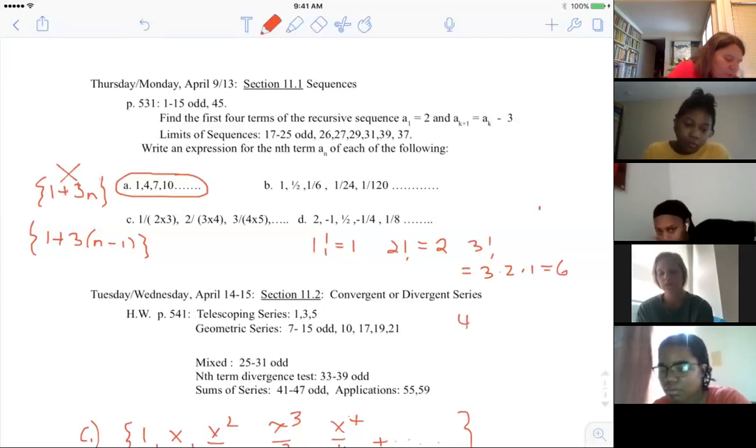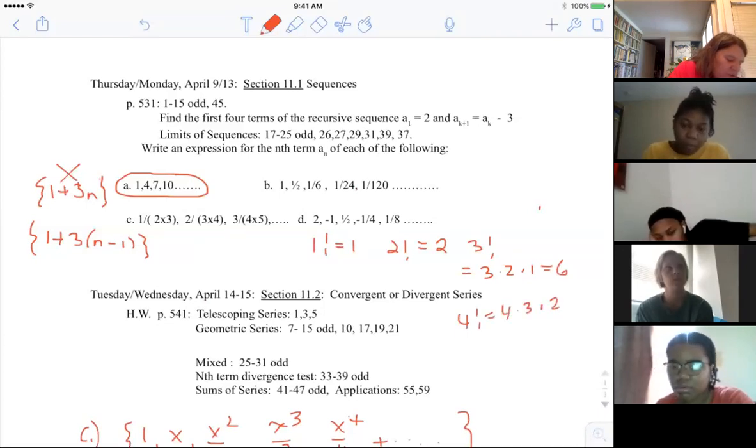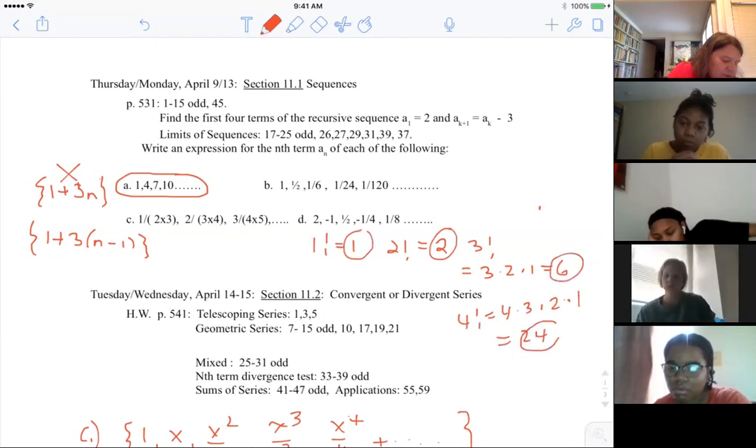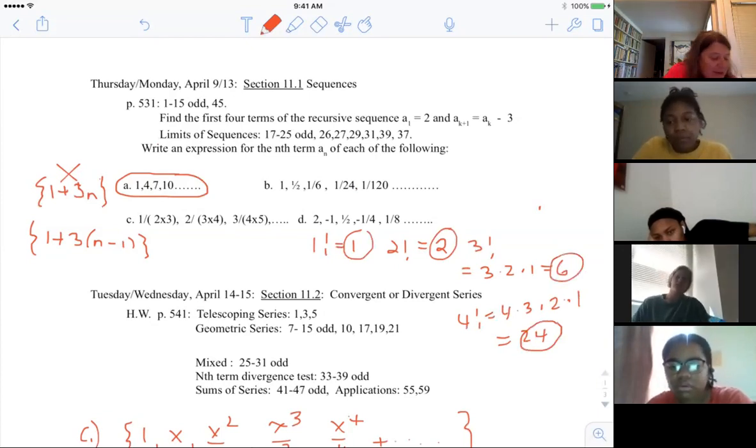4 factorial would be 4 times 3 times 2 times 1. If you multiply that out, you get 4 times 6 is 24. And now you're starting to see those numbers. There's 1. 2 factorial is 2. 3 factorial is 6. 4 factorial is 24. 5 factorial just multiplies that by 5.